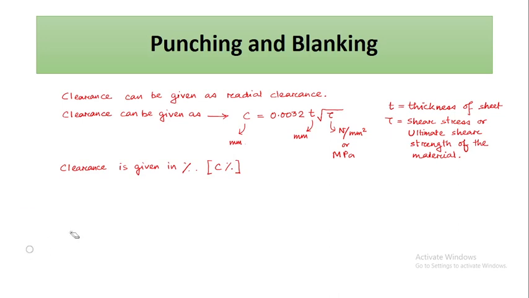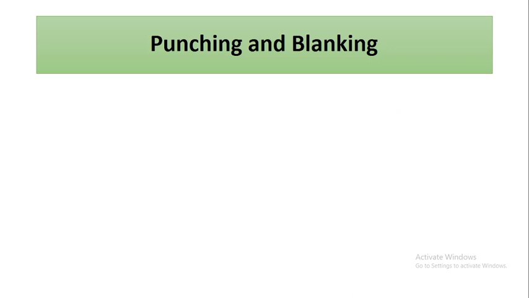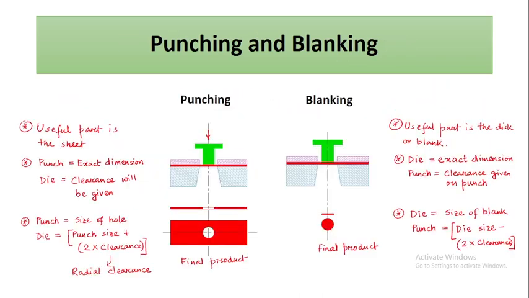Basically the clearance is a percentage of the thickness of the sheet. In that case the clearance will be the percentage that is given divided by 100 into T. We can find out the clearance that is required. So in this way we can find out the clearance of the sheet required. Okay, next.